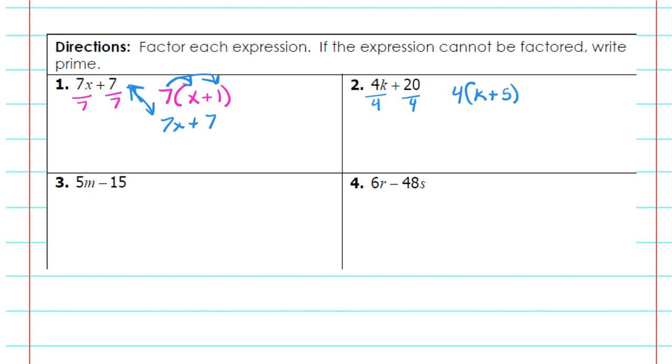Again, I can work backwards to check it: 4 times k is 4k, plus 4 times 5 is 20. So this is the factored expression.